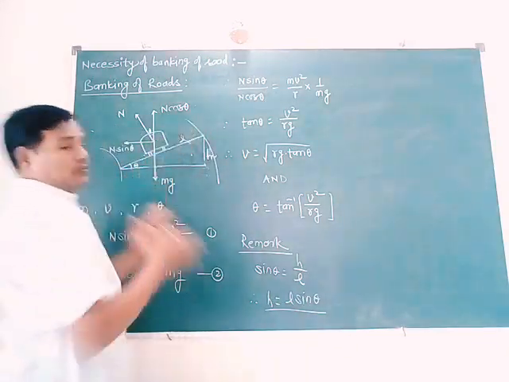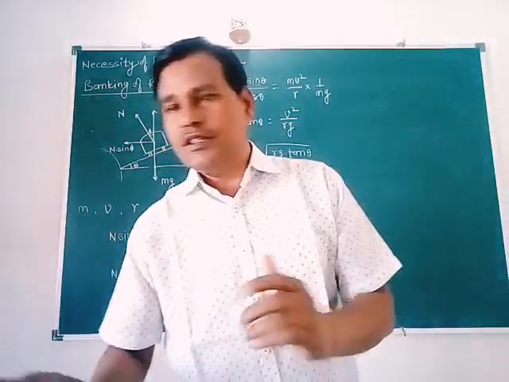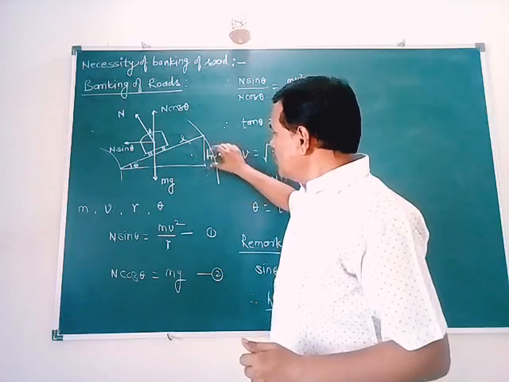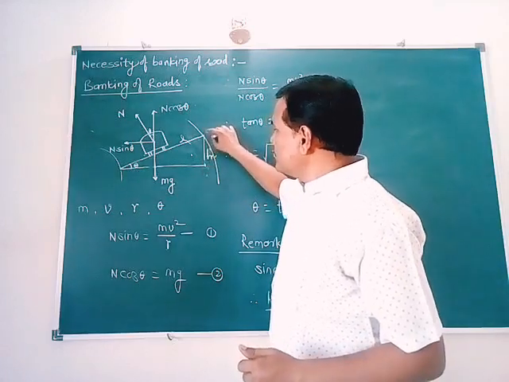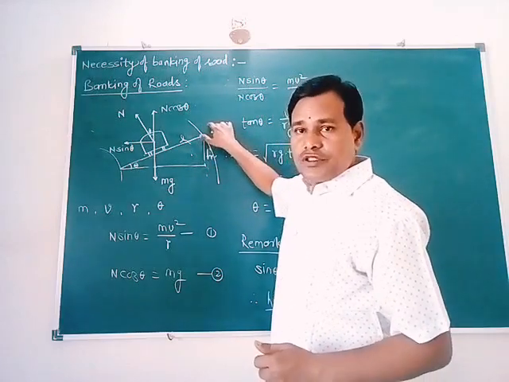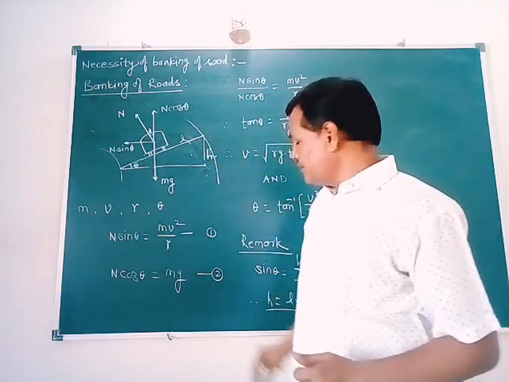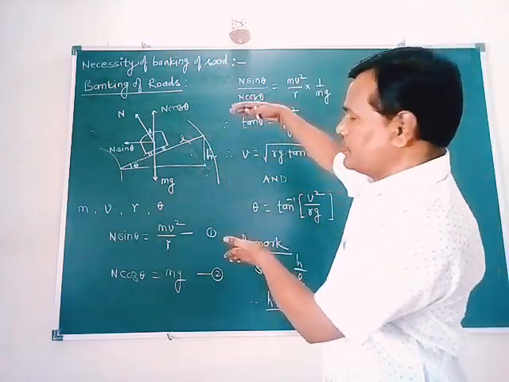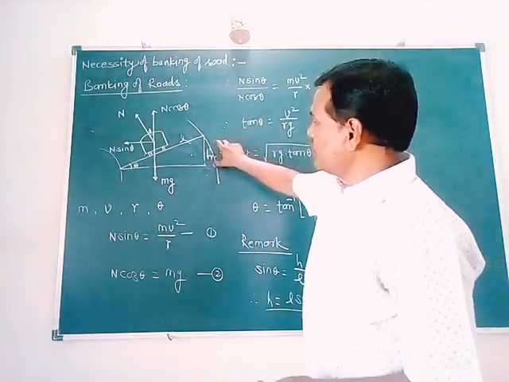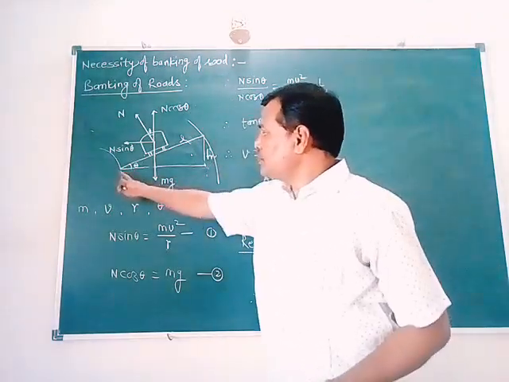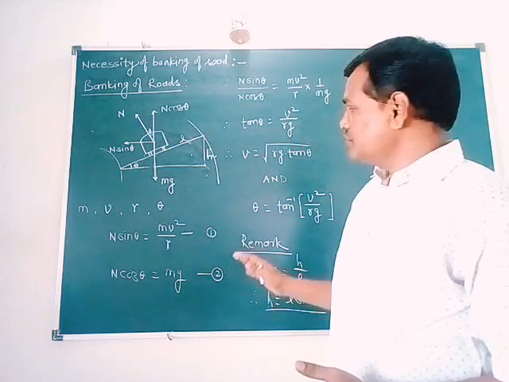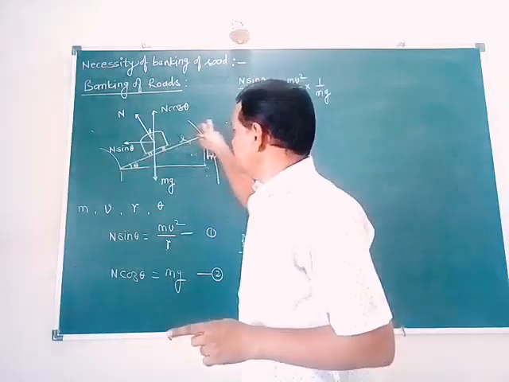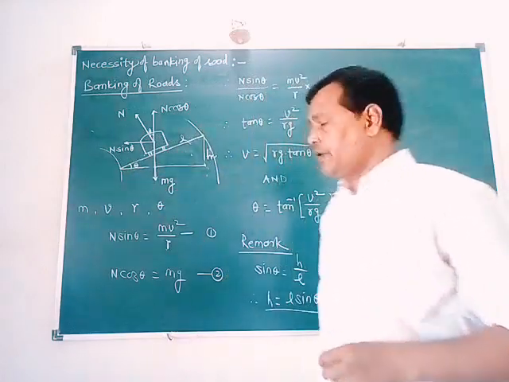If the width of the road is given and this angle is known, we can find the height of the elevation of the outer surface of the road using this relation. That means the height of the outer edge as compared to the inner edge, we can find out if we know the width of the road surface and the angle of banking.